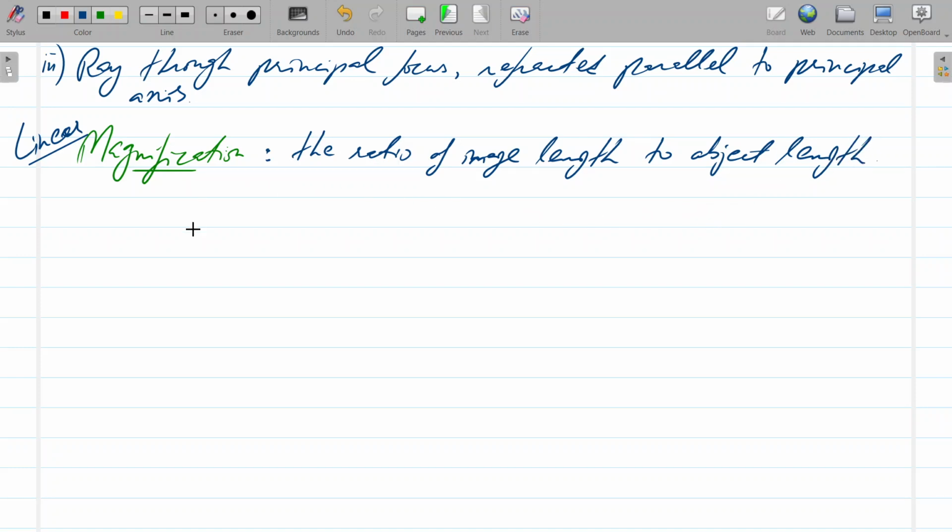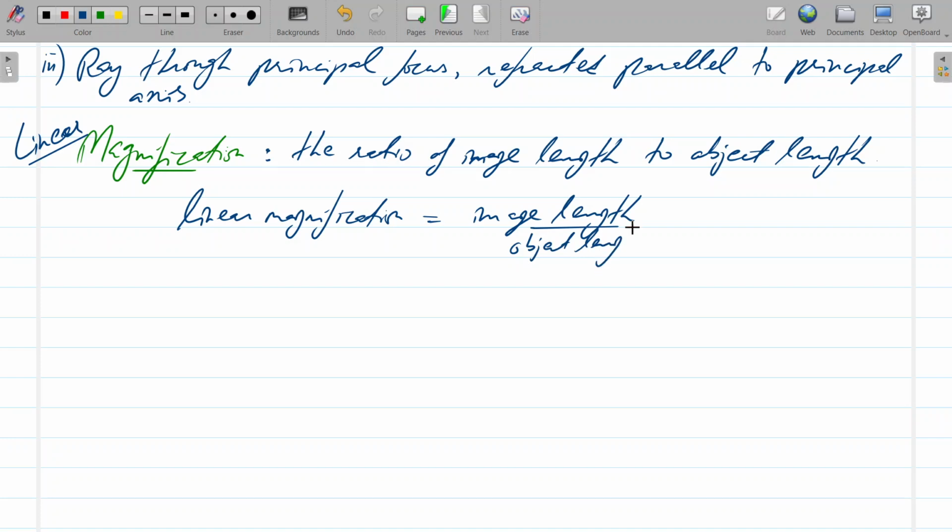The formula is: linear magnification equals image length over object length.